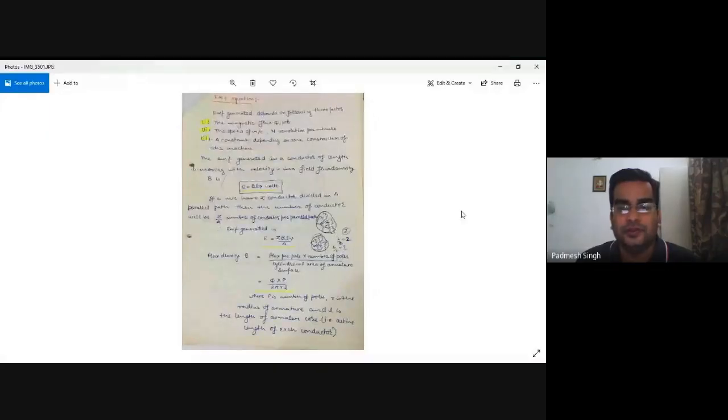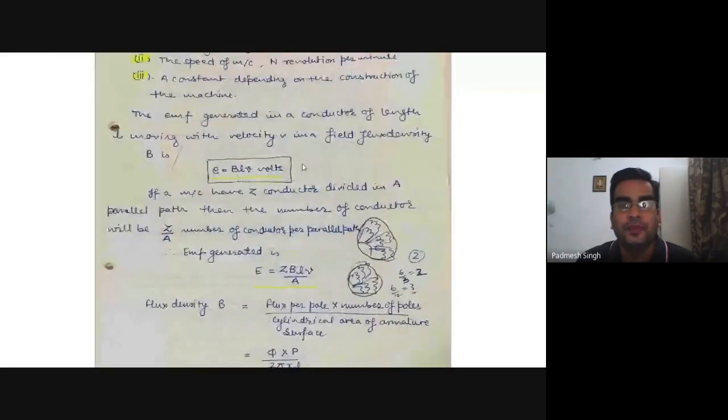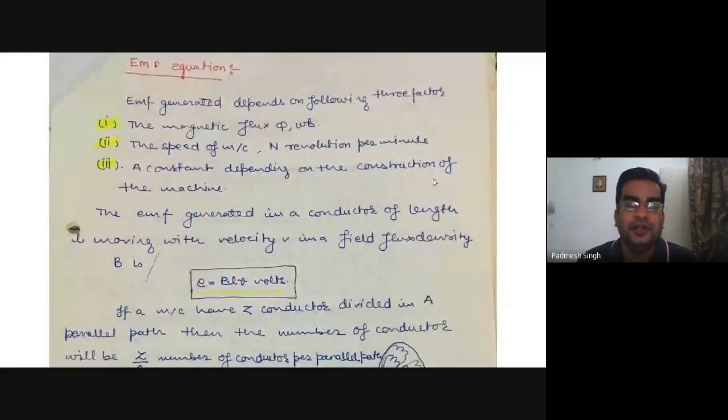As we go on starting our derivation, we can see how to derive an EMF equation. Now, the EMF generated will depend, in a major way, on the magnetic flux, the number of revolutions of the armature, and a machine constant.